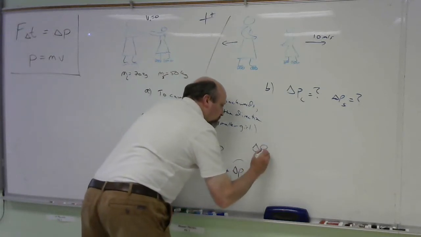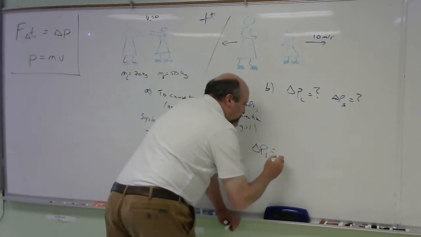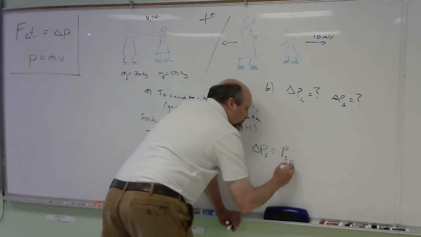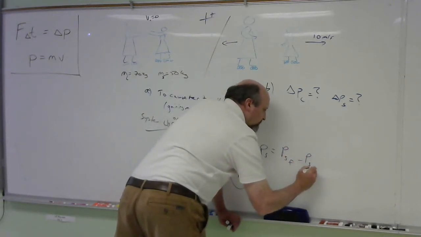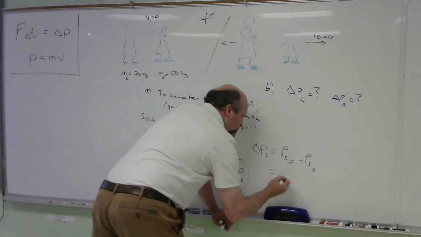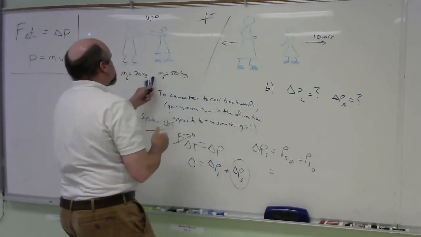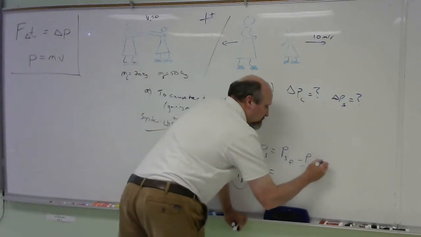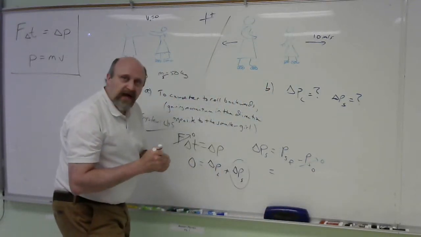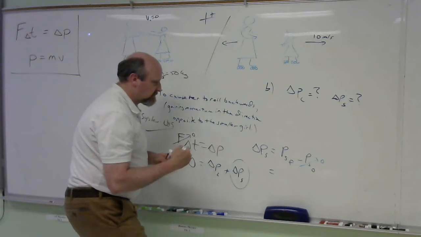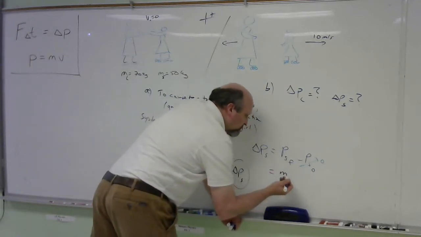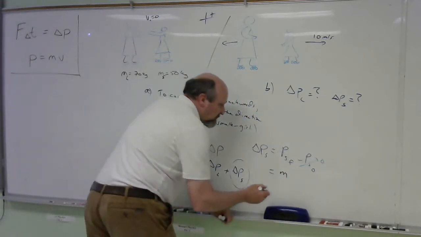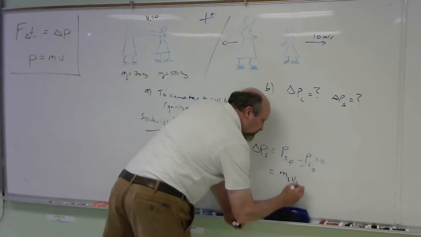Delta P smaller girl, well, that's just going to be momentum of the smaller girl at the end minus momentum of the smaller girl at the start. Final minus initial. Hey, wait a minute. The initial momentum was 0, so that term drops out. So now I just want to find that momentum of the smaller girl at the end. That'll just be using the formula p equals mv, mass of the smaller girl times velocity of the smaller girl at the end.